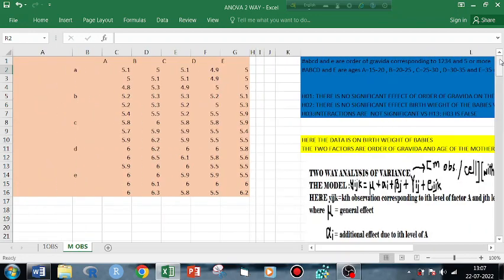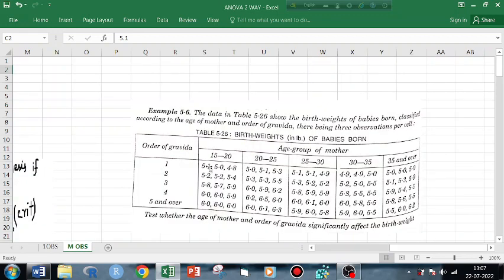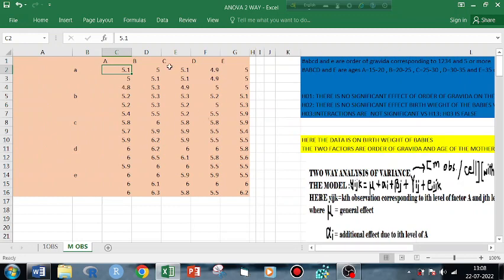Now in Excel, the entry of the data is very important. Here I have 5.1, 5 and 4.8 corresponding to the order of gravida 1 and the age group 15 to 20. Here the capital A, B, C, D and E are the age groups.